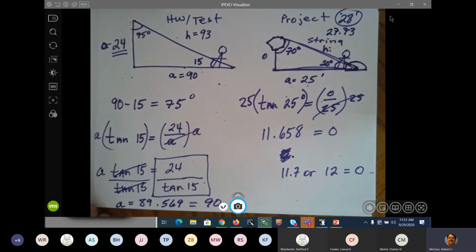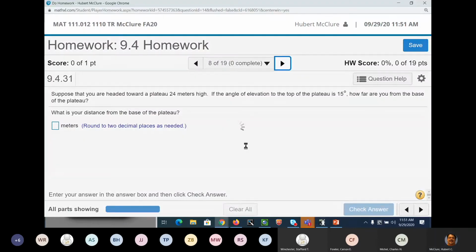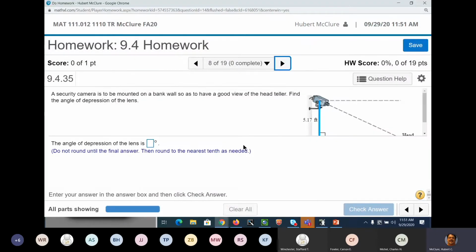All right, try this one. A security camera is mounted. Now this is not equal to a project because I'm not going to ask you to put the protractor on top of the sign.